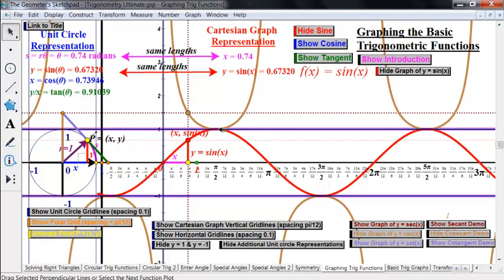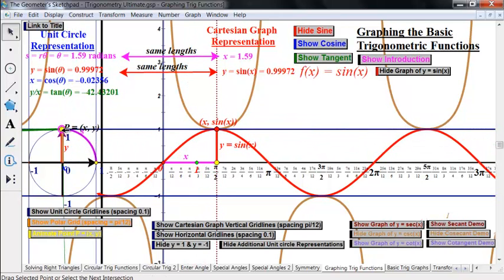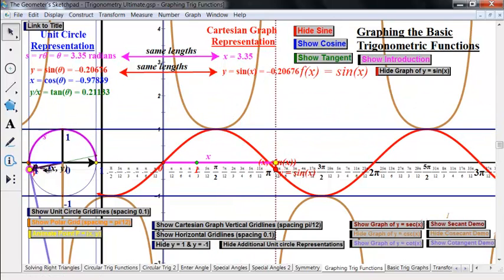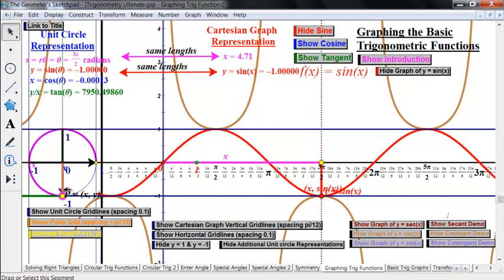What's a maximum on sine is a relative minimum on cosecant. For example, one happens right there at pi over 2, and then another one happens at 3 pi over 2. This one has the other way around, though.